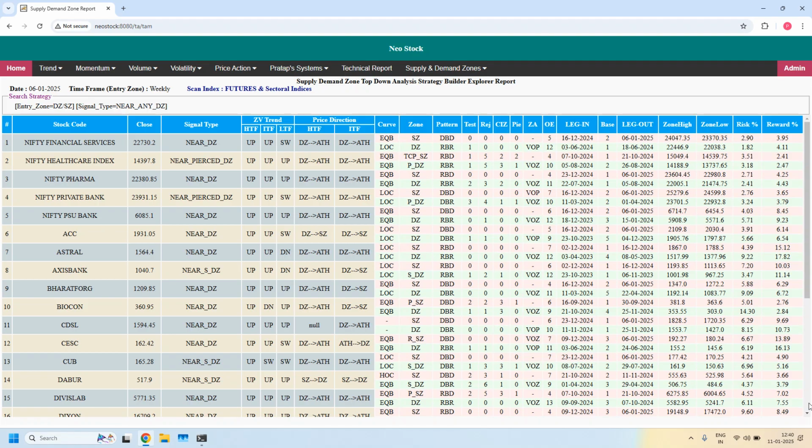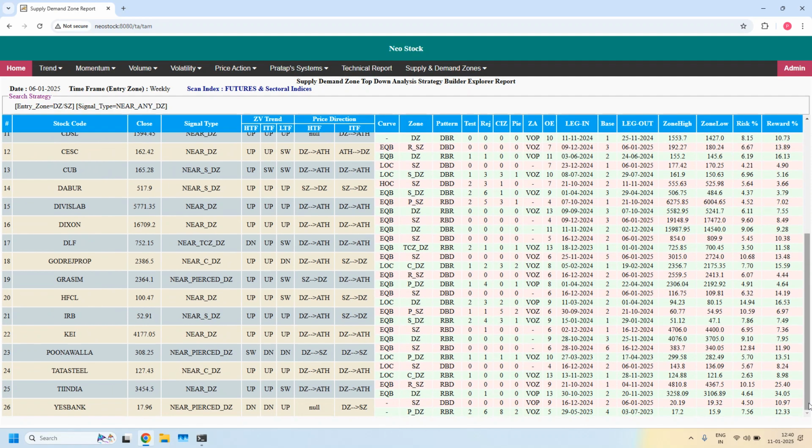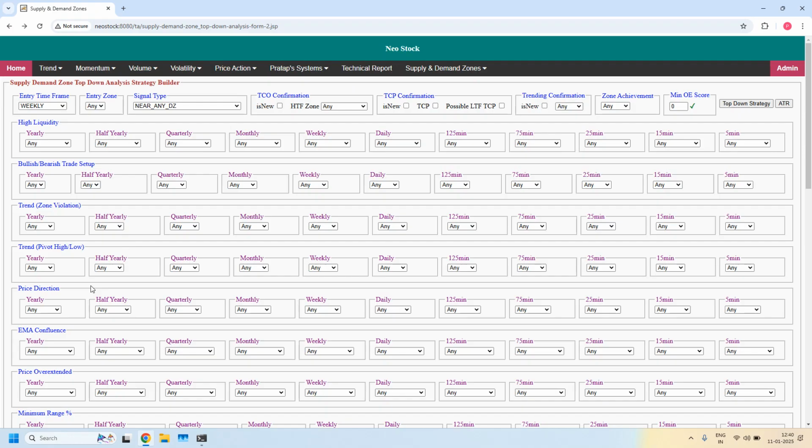I am scrolling the list down. There are 26 stocks. Because the list is big, we can further reduce based on the EMA confluence. Generally, I don't apply this filter on this search stocks near, but because the list is very big this time, let me further reduce based on EMA confluence.